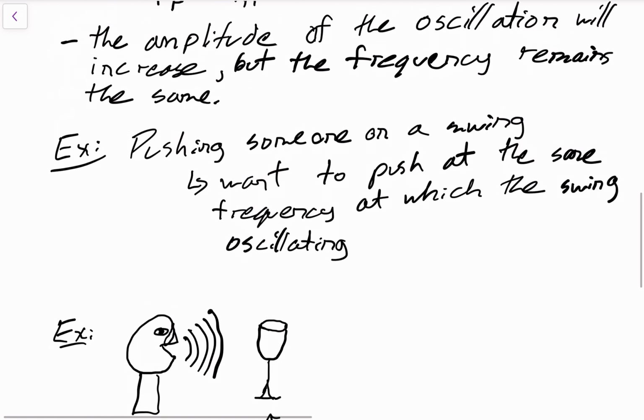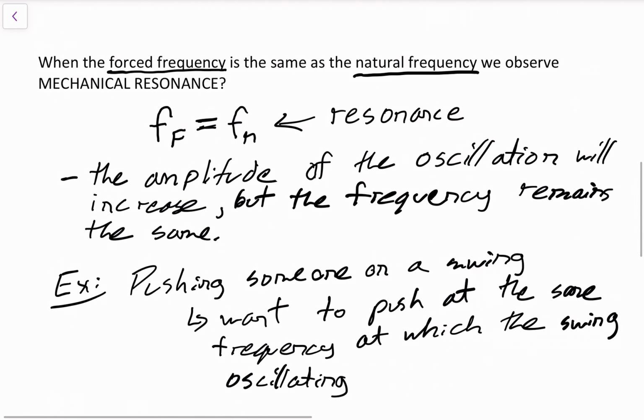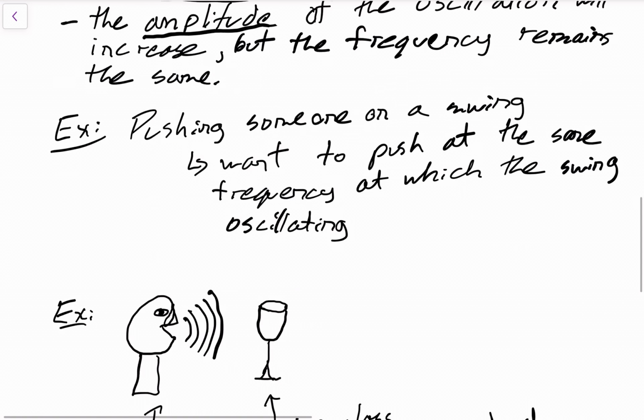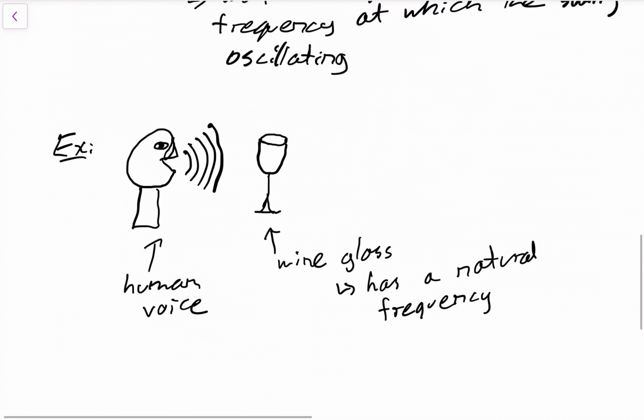So that's all there is to know about resonance: the amplitude will increase if the two frequencies are the same. If the forced frequency is different from the natural frequency, then that amplitude is not going to increase. And we've got a couple videos coming up with some examples of this, as well as an example where we actually calculate the natural frequency of an object. So we'll leave it at that for now.